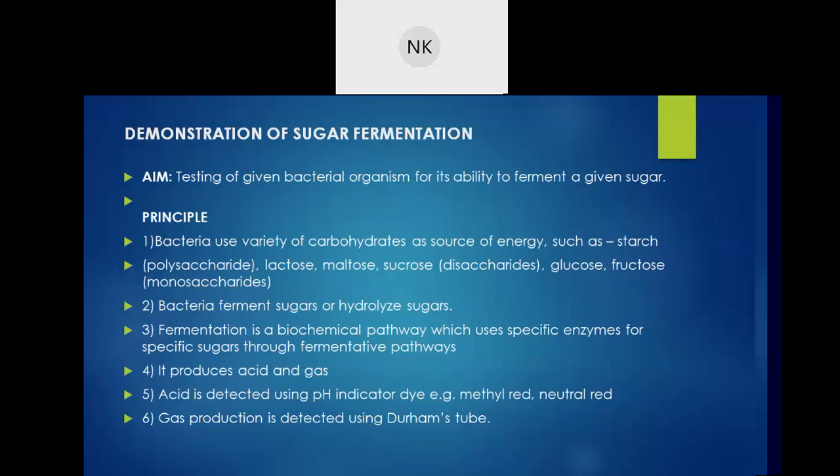These end products are acids and gases. Some organic compounds are produced by that microorganism when it is utilizing a carbohydrate source like sucrose, lactose, glucose, maltose, whatever the source of carbohydrate present in the media in which the bacteria is growing.